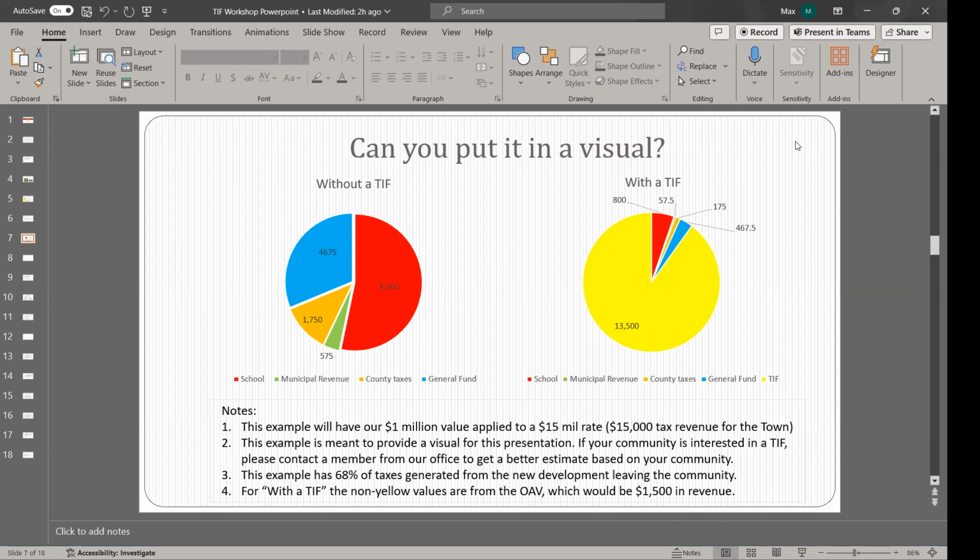Max, question, where do you get the 68%? Yeah, no worries. So typically, myself or any consultant you'll have that's going to put these forms together, they usually will have some different types of formulas for how this is all calculated.